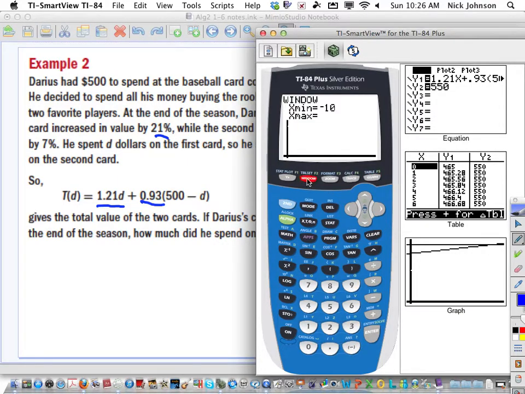Okay. If you look here, they're starting to intersect. Okay. I'm going to change my minimum. Let's just go from 300 to 350. Hit graph. I don't like how I did that.